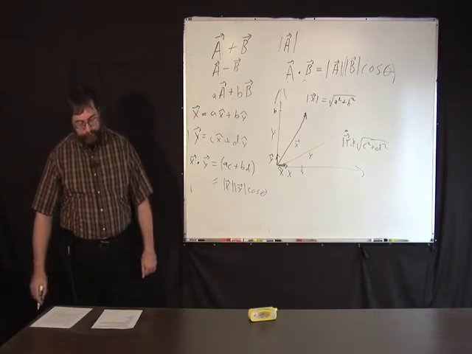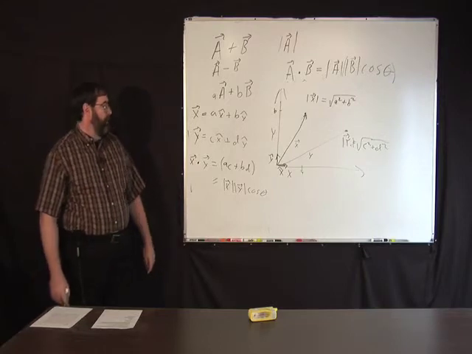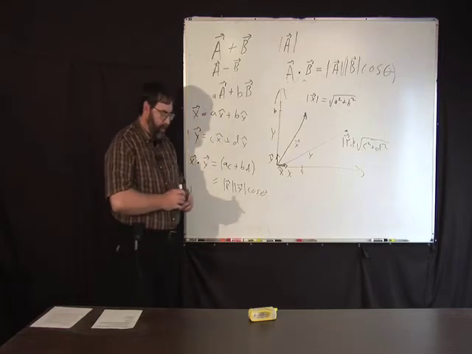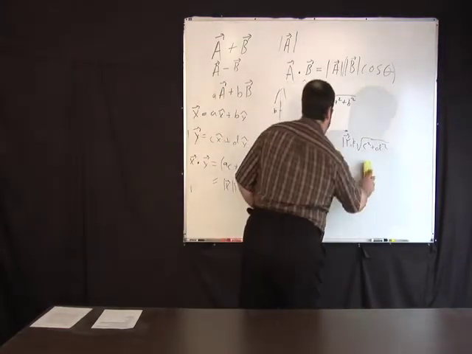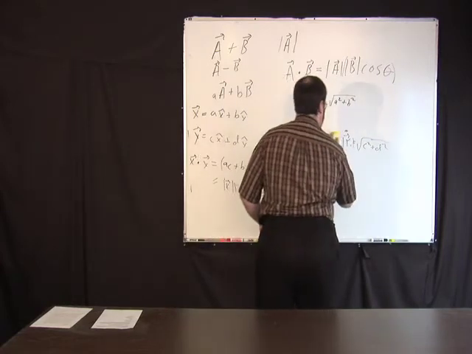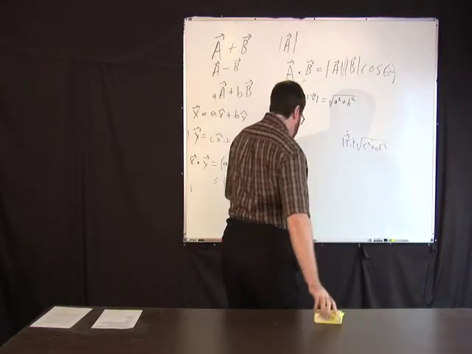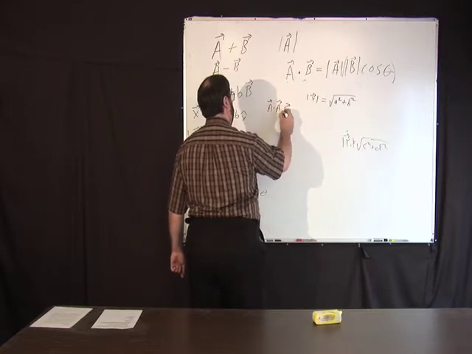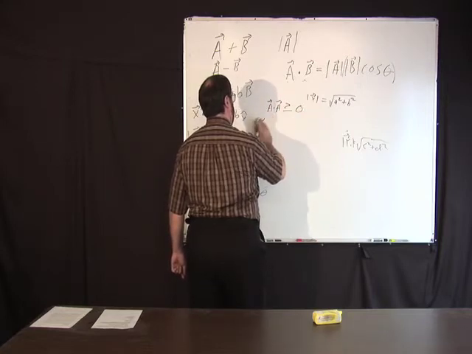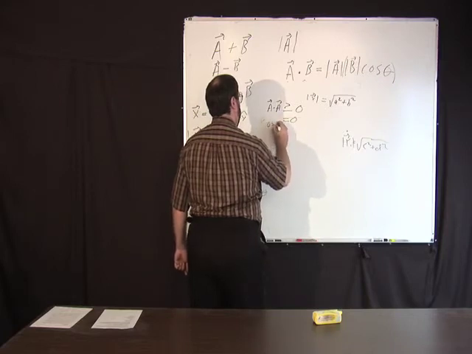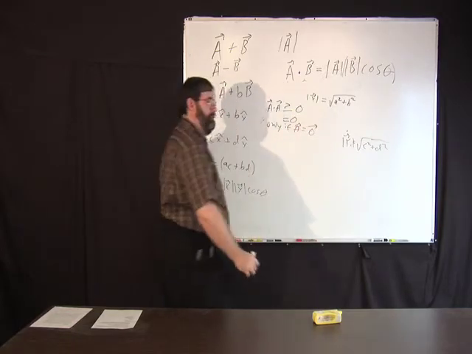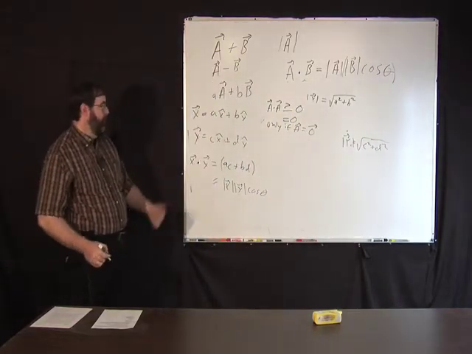Now the dot product is a special case of what's called an inner product. An inner product has several properties, one of which is that A dot A is greater than or equal to 0, and it's equal to 0 only if A equals the 0 vector, which means a vector whose components are all 0.